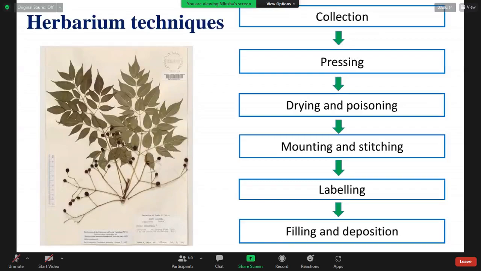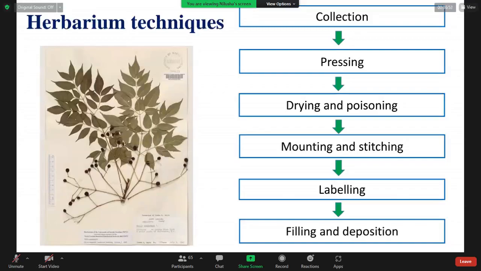Then you have to collect and bring it for pressing. For example, if you want to prepare a weed album, you have to collect weed samples. You have to observe that the plant should have all the parts, like leaf, flowers, or root system. All the parts should be visible in that sample.